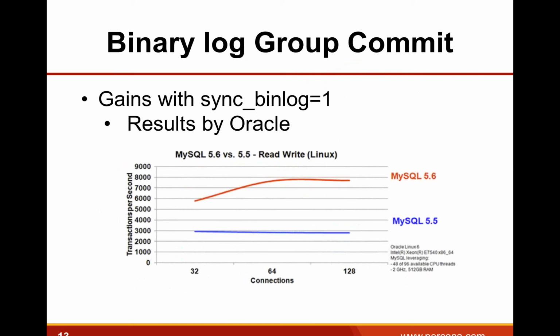The best case for the binlog fix is when you're working with a very low performance IO subsystem, without battery backed cache, on rotating spindles, in which case you can have 10x or more improvement from this fix for binary log group commit.